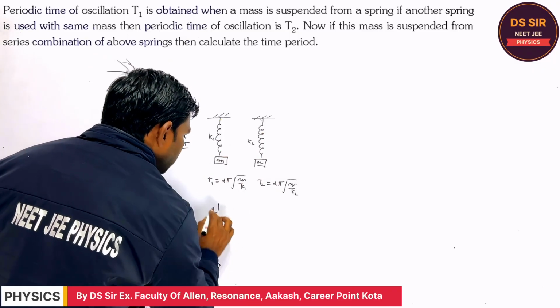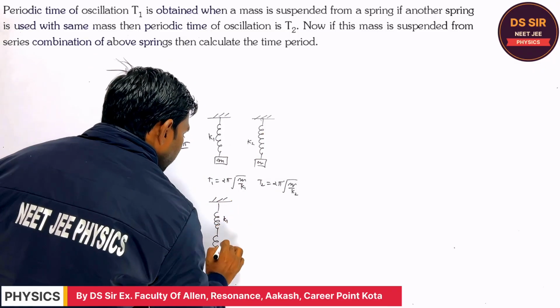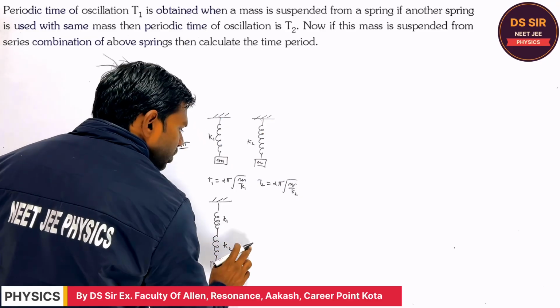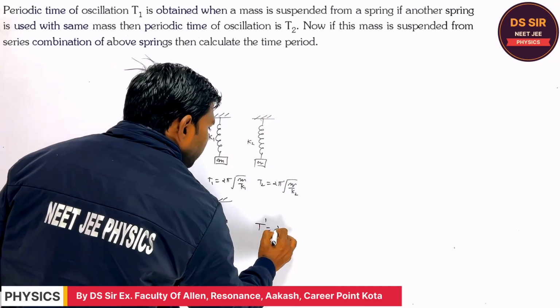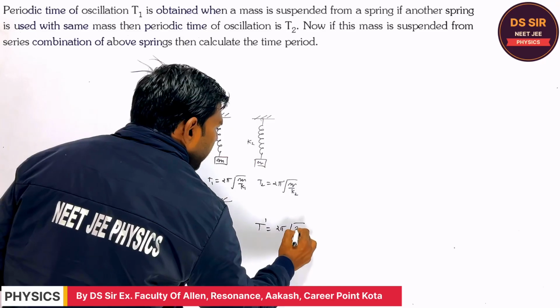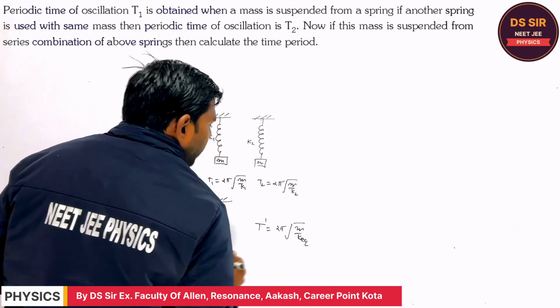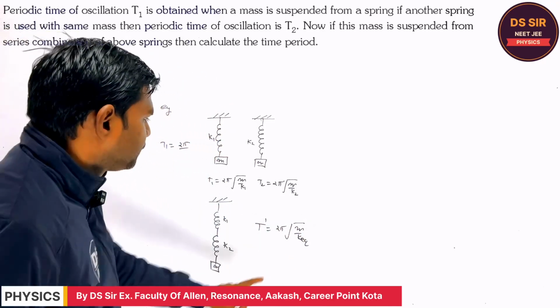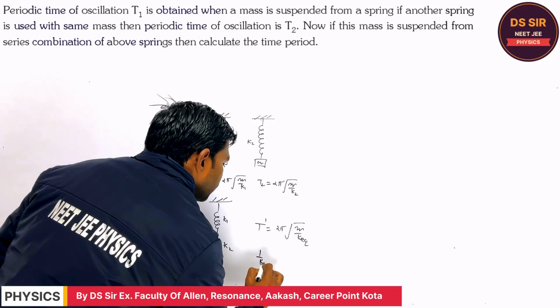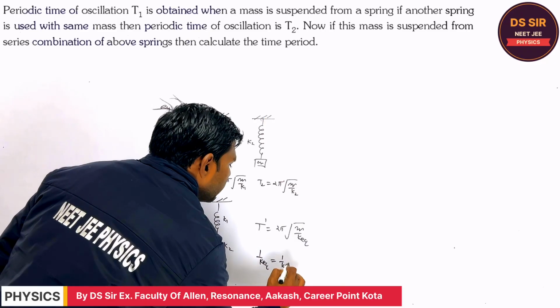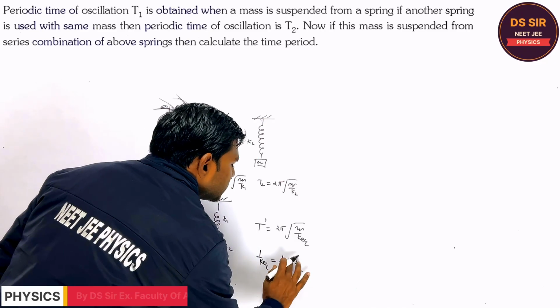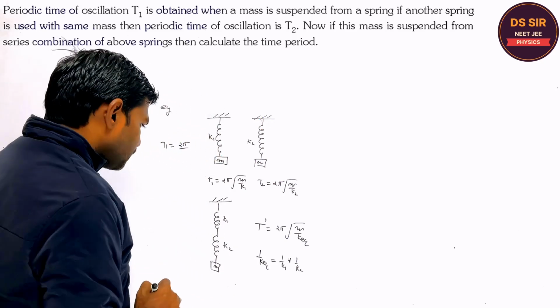Are you getting or not? Suppose this is K1 and this is K2 and this is the mass. So now T dash will be equal to 2 pi root M upon K equivalent. And what will be the K equivalent here? 1 upon K equivalent is 1 upon K1 plus 1 upon K2 like this. Are you getting or not?